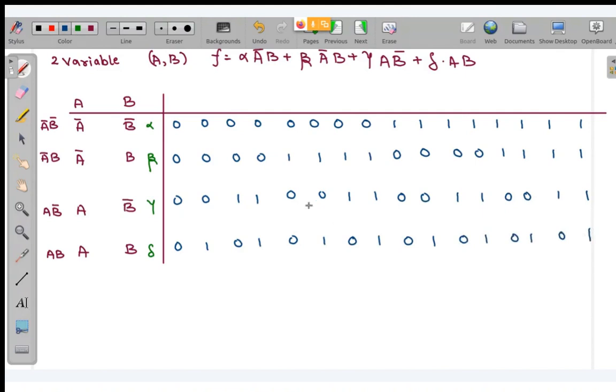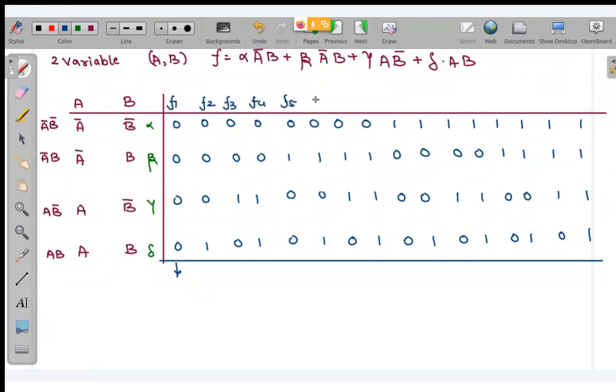Okay. So now, if you solve in this case, here you can see all the alpha, beta, gamma, delta, they are 0. So obviously this is function 1. Function 1 corresponds, I should have written over here, this is function 1, function 2, function 3, function 4, 5, function 6, function 7, function 8, function 9, function 10, function 11, 12, 13, 14, 15 and 16. You will be getting 16 functions.